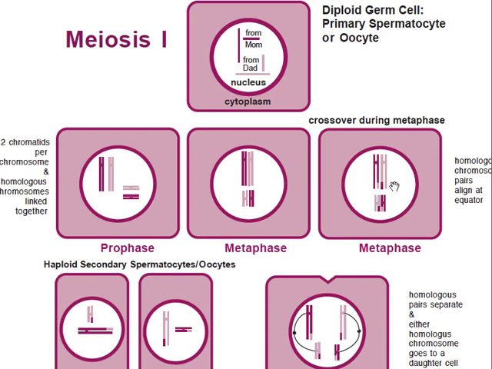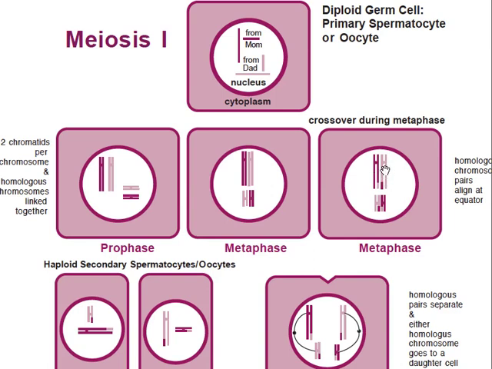And this creates genetic diversity. This pairing during meiosis creates genetic diversity. So whereas we started with identical chromatids per chromosome, we have, following crossing over, chromatids that are not identical to one another.